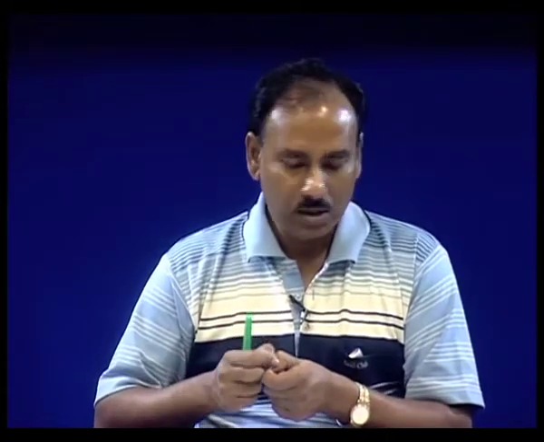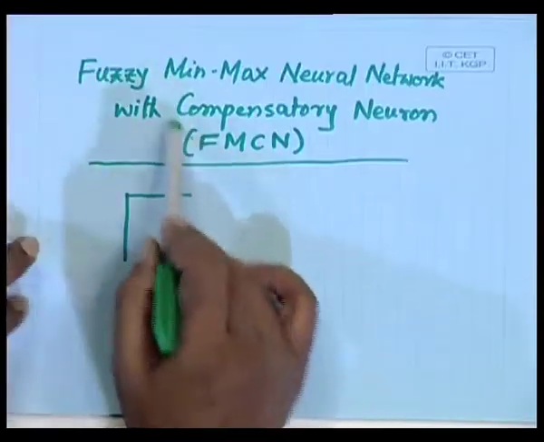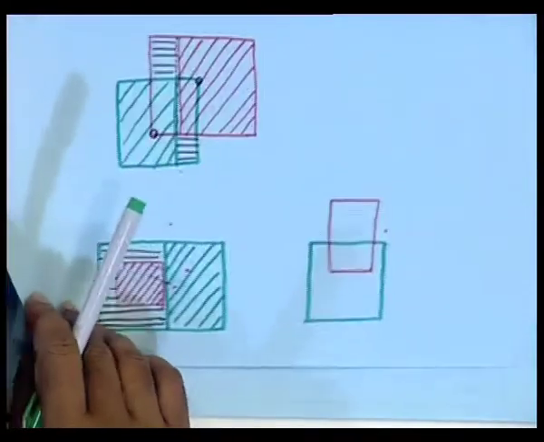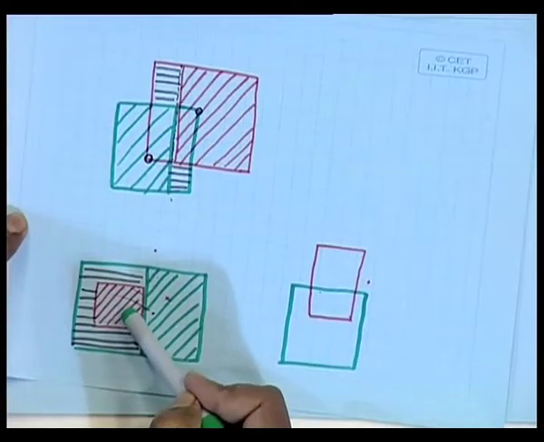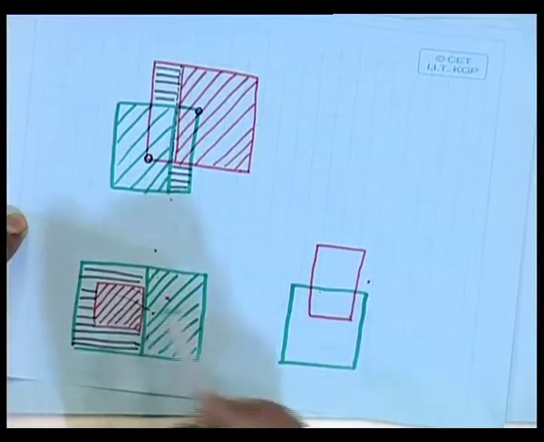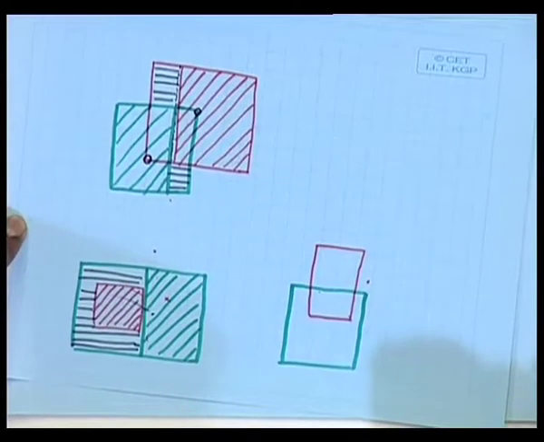Such a concept has been introduced in this FMCN architecture, that if an unknown sample falls within this overlapped region or within the content region, we consider this to be such a sudden situation. So, immediately you have to take action without going for much computation.